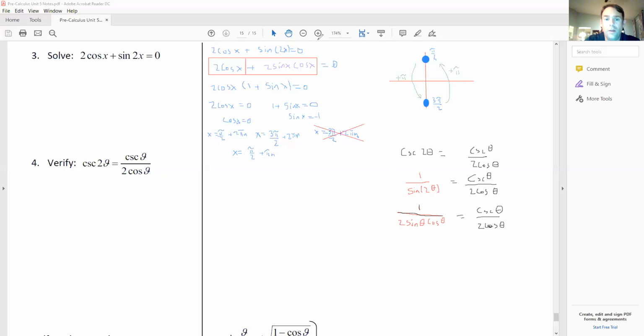And then all I have left to do is take this sine theta and get rid of that by putting it up to the top, which would make it go back to being cosecant theta.